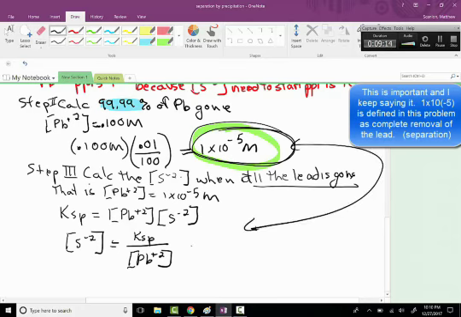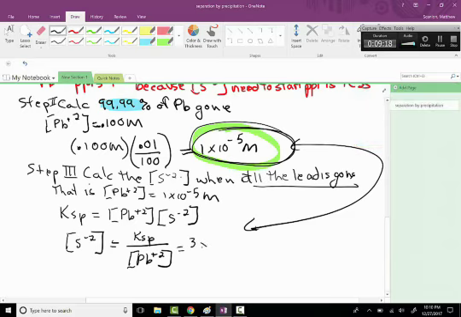So the KSP was 3 times 10 to the minus 28th, and the concentration of lead was 1 times 10 to the minus 5th. So that's going to give us 3 times 10 to the minus 23rd molar. That's the concentration of sulfide over here when all the lead is gone.